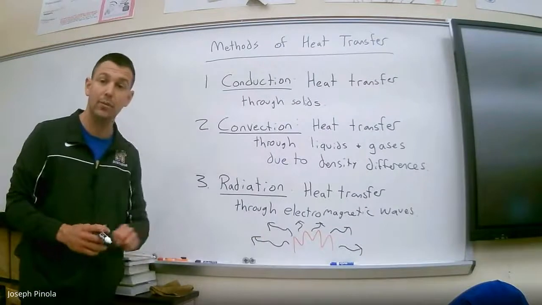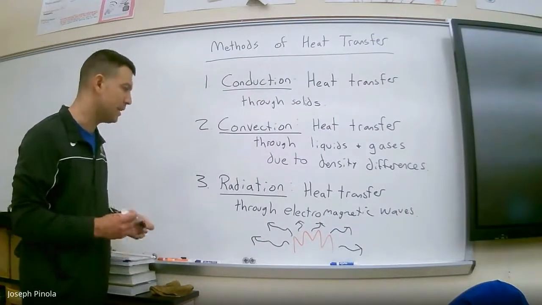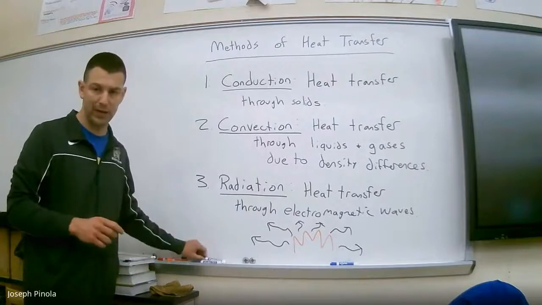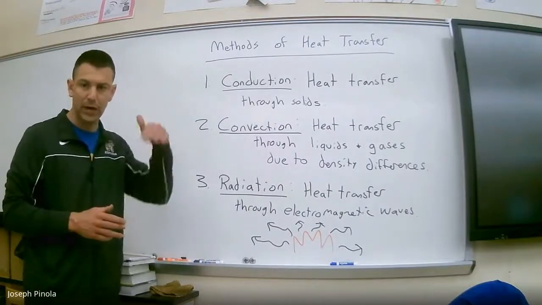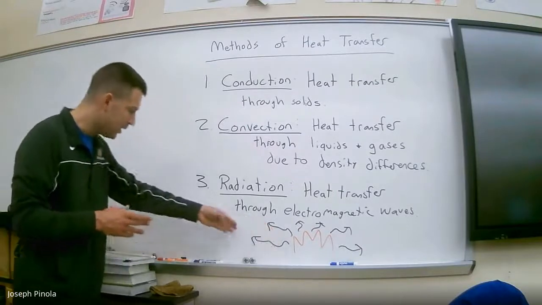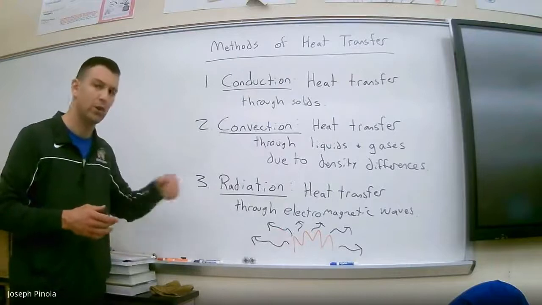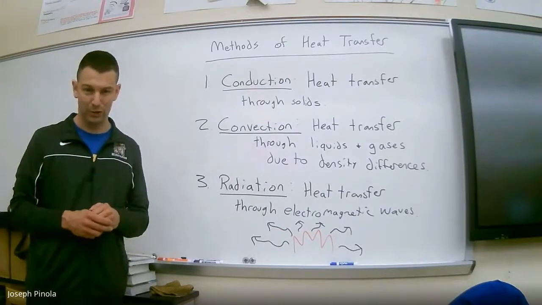These are the electromagnetic heat waves. And as a result, radiation is heat transfer through electromagnetic waves. You don't have to be above the fire to still feel hot because the electromagnetic waves, the infrared radiation, will still be able to travel out to you.